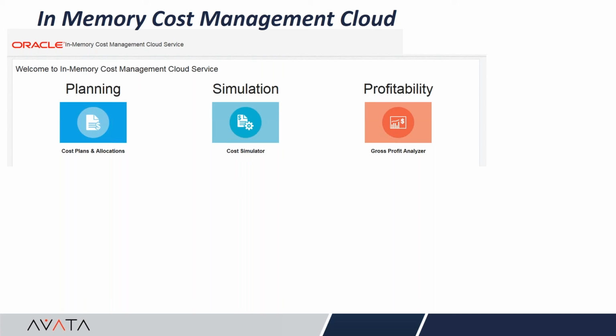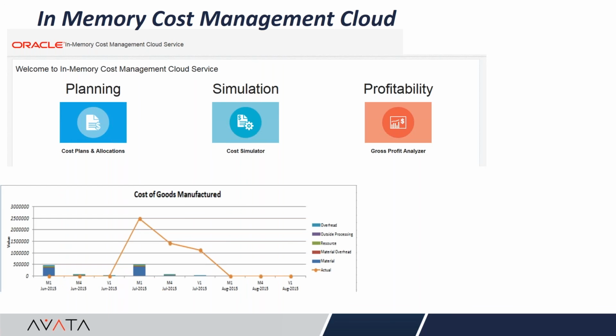And then at the end of the day, it's all about the profitability and being able to determine what margins you're looking at on a go-forward basis. At the end of the day, when all of this data is collected, aggregated, collated, you want to be able to do some very straightforward and powerful reporting and analytics.